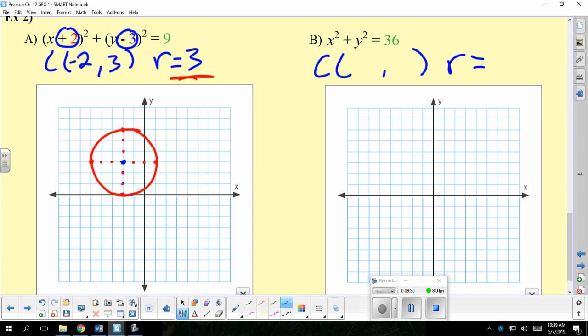Can anyone tell me the center of the circle? 0, 0, also known as the origin. Why is it not negative? Easy enough. There's the center. Now what's the radius? 6. Square root of 36. So now again, I'm going to go 6 in each direction.